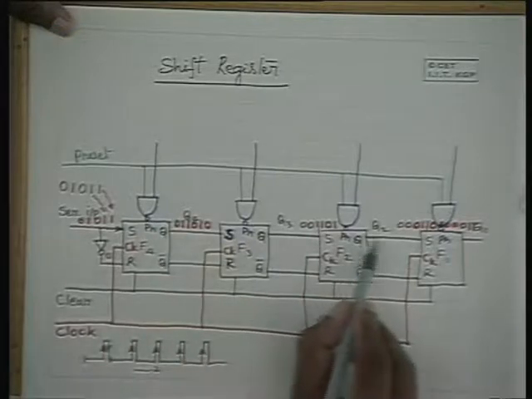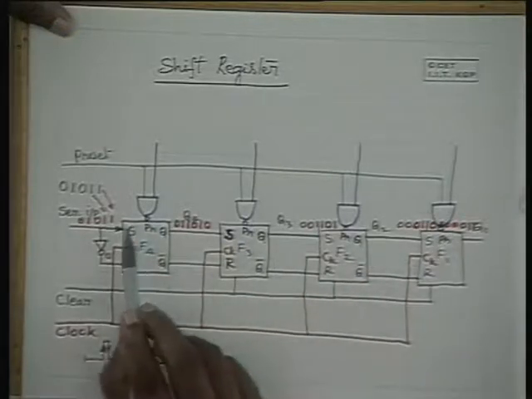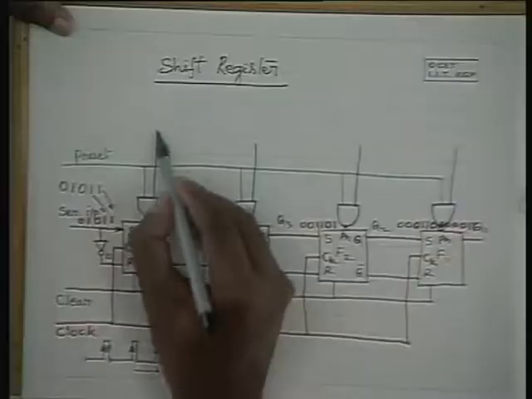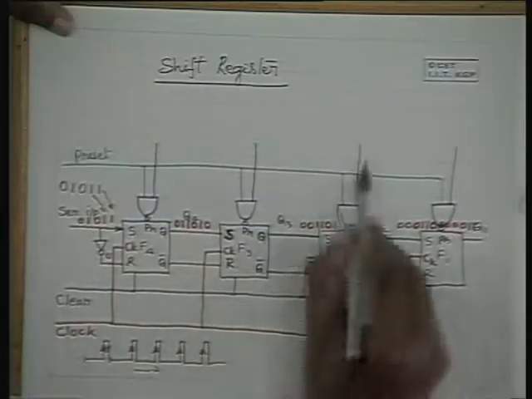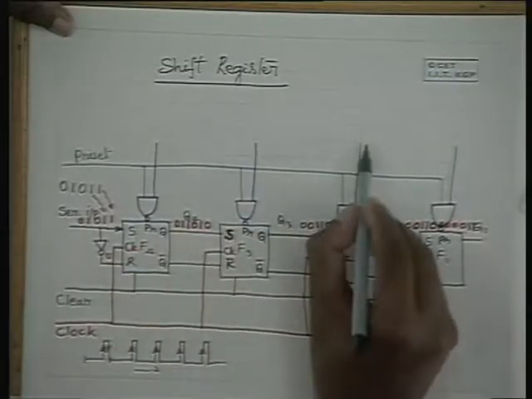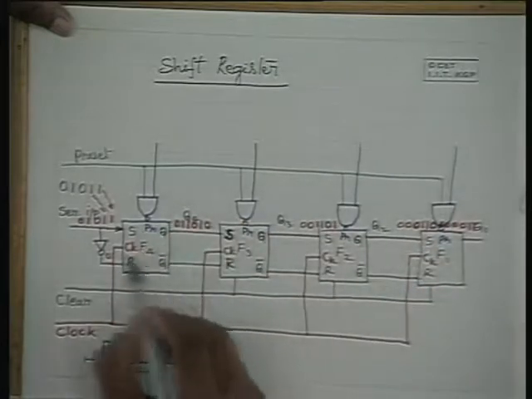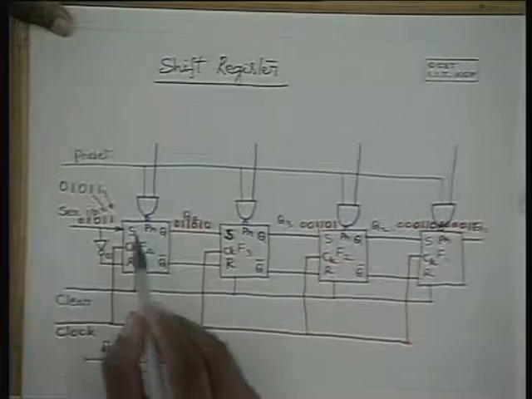Therefore, all the preset inputs will be 1 if this preset is a 0. That means whatever inputs you are applying to the presets through these inputs, these blue lines, cannot affect the flip-flops, because the flip-flops are preset only when this PR is a 0.